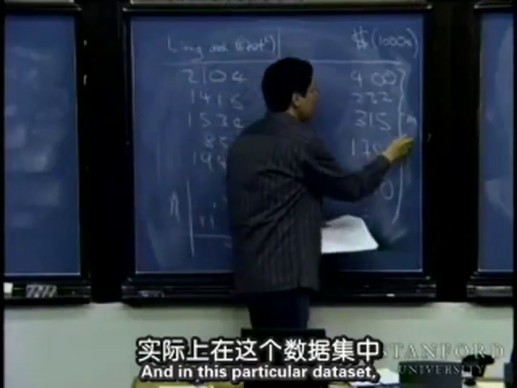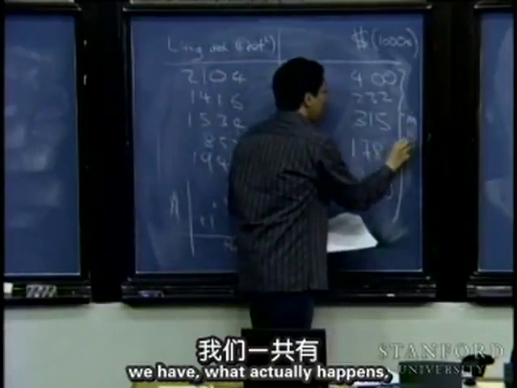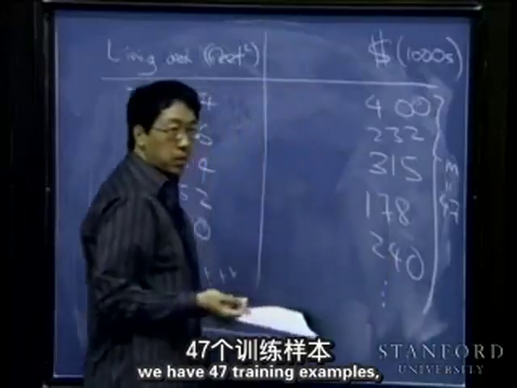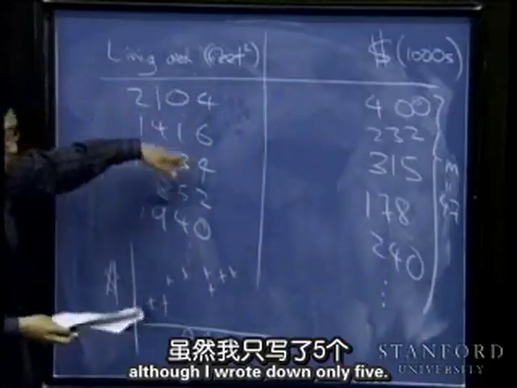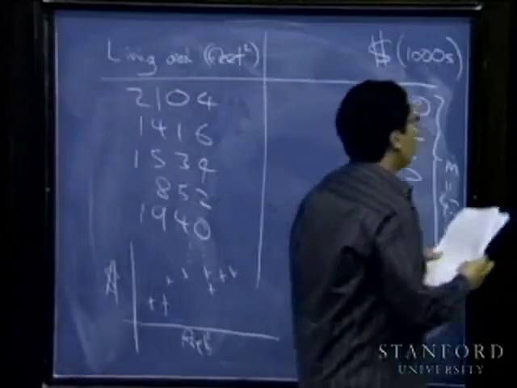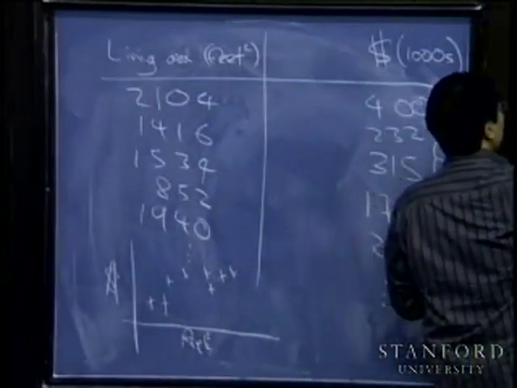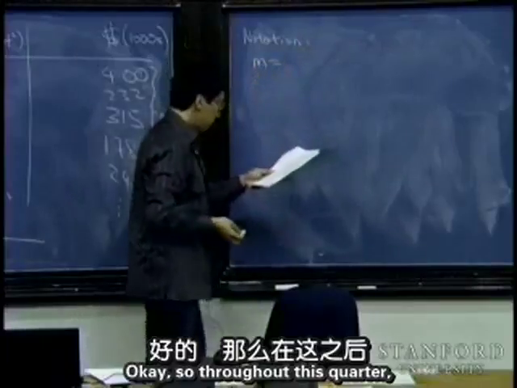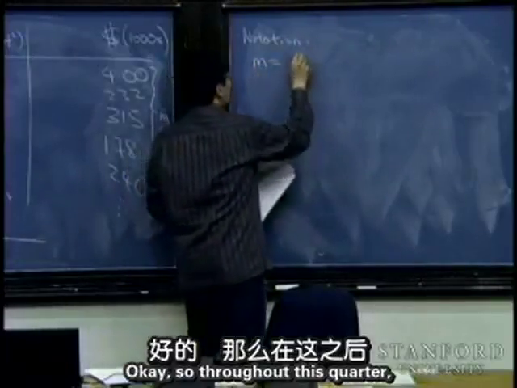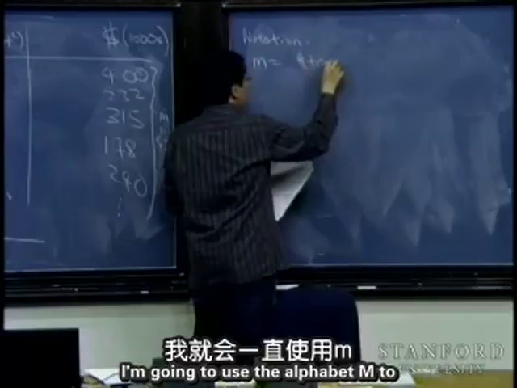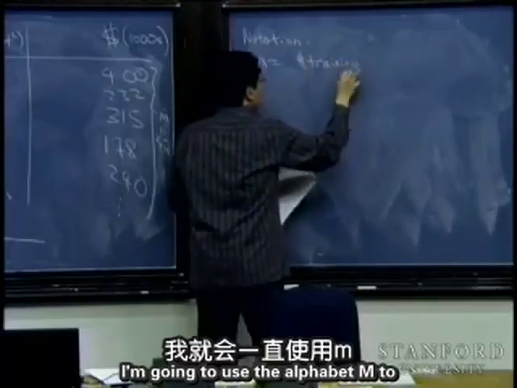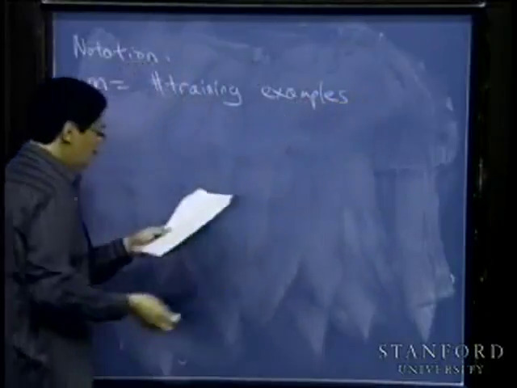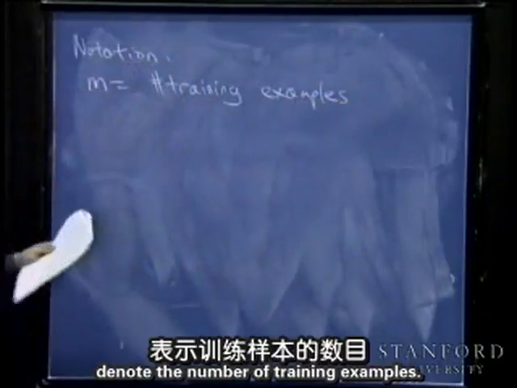In this particular data set, we happen to have 47 training examples, although I wrote down only 5. So throughout this quarter, I'm going to use m to denote the number of training examples.